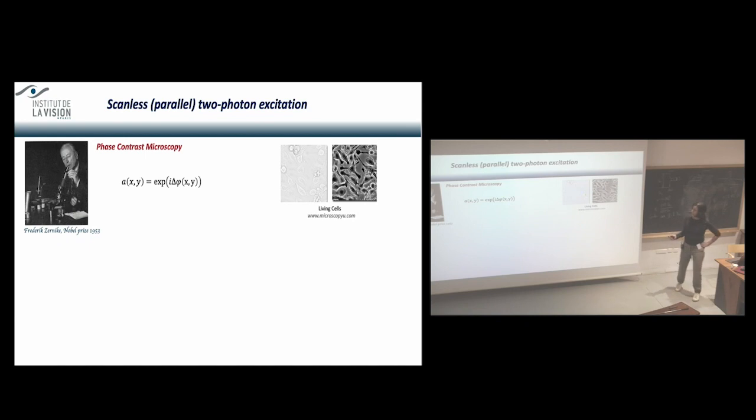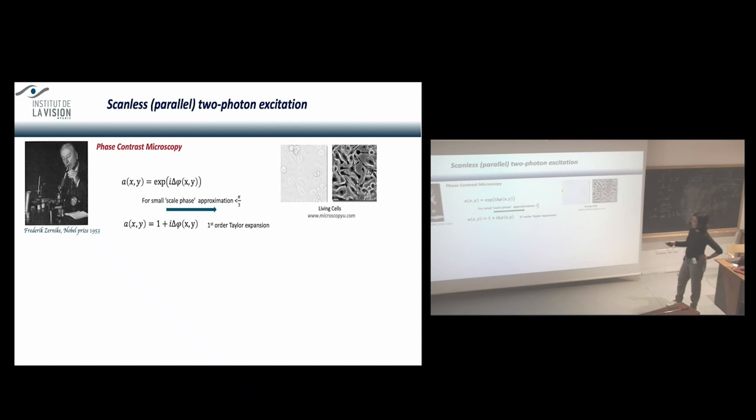object. For example, here, I don't know if you can see, this is just a cover slip with a few cells, and it's very difficult to look at those cells because they are very thin objects. So you can represent the transmission of this sample with a term which represents the phase change that you impose on the light going through, with a certain spatial distribution.